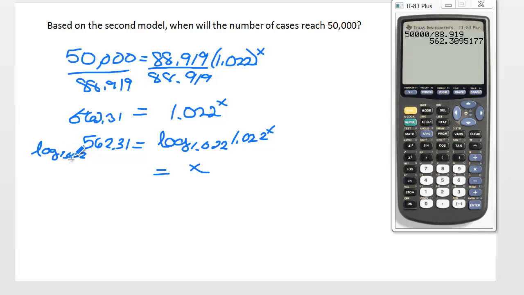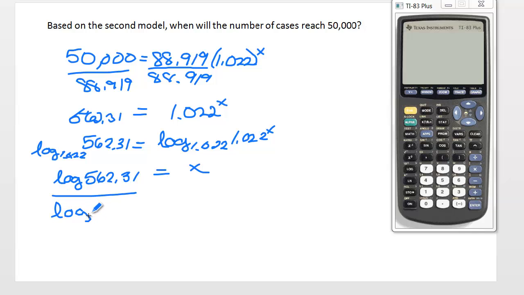But if we want the log base 1.022 of 562 and 31/100ths, that means that we need to use our change of base to either take the common log of 562 and 31/100ths over the common log of 1.022, or we could have used the natural log of both.